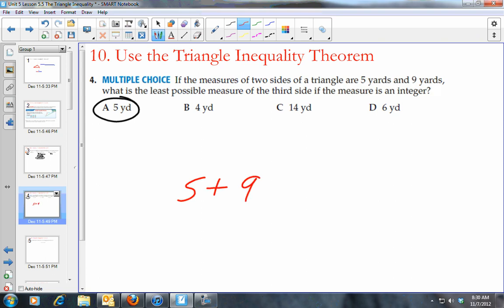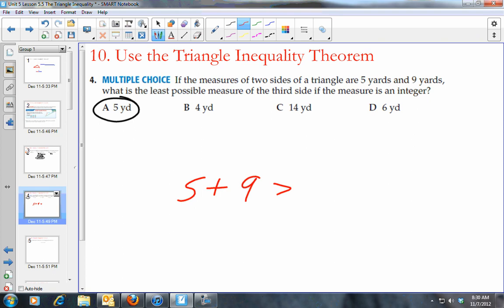Then 5 and 9 would be the small sides, right? That sum has to be greater than. All right, so 14 would be, I'm not saying this right. 14 would be the limit, I guess, of the third side, wouldn't it?